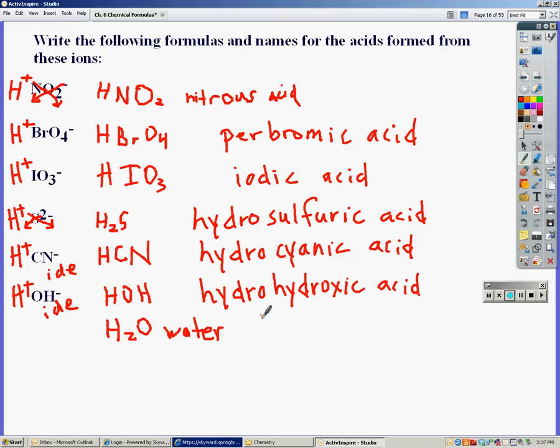Okay, so that would be hydrohydroxic acid, which is a way to name that. You know it better as water, but it could be called hydrohydroxic acid. It also could be named according to a molecular compound. Sometimes you might see it as dihydrogen monoxide. All right, but they're still basically just water.